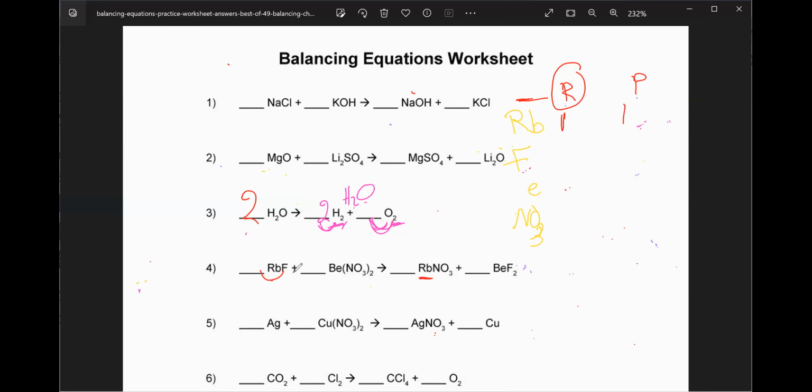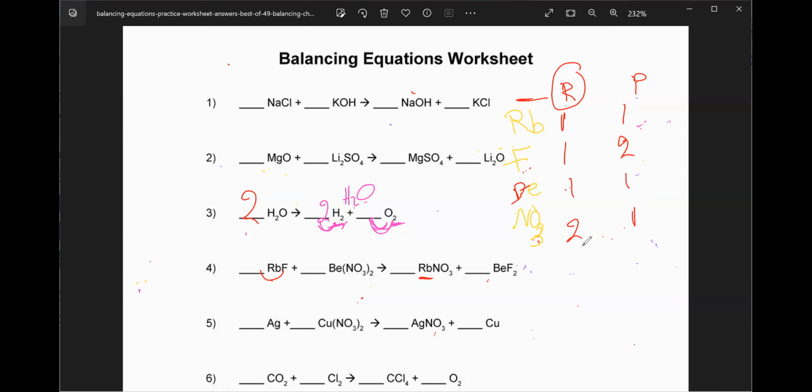Fluorine, we have one, product, two. Beryllium, we have one, product, also one. Nitrate, one and one. Be careful, two and one.